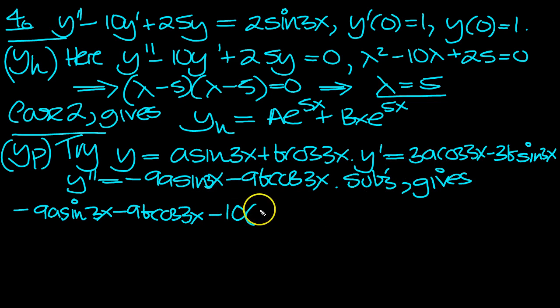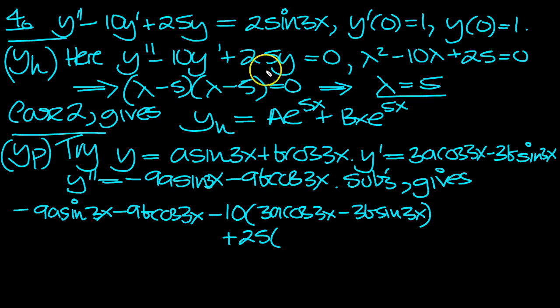Y dashed is here, so let's put it in. 3a cos minus 3b sine, plus 25y, so it's plus 25 times y, which is here a sine plus b cos, is equal to 2 sine 3x.